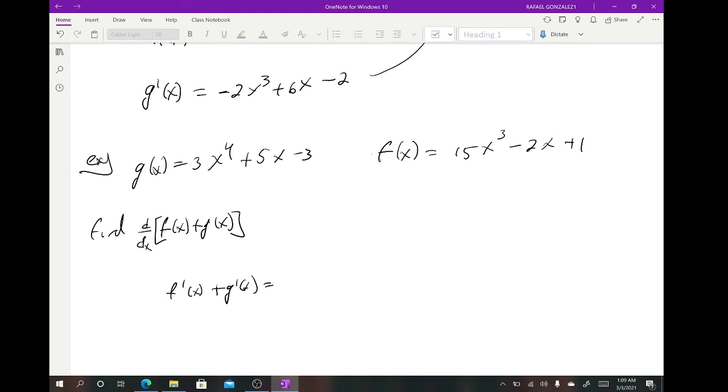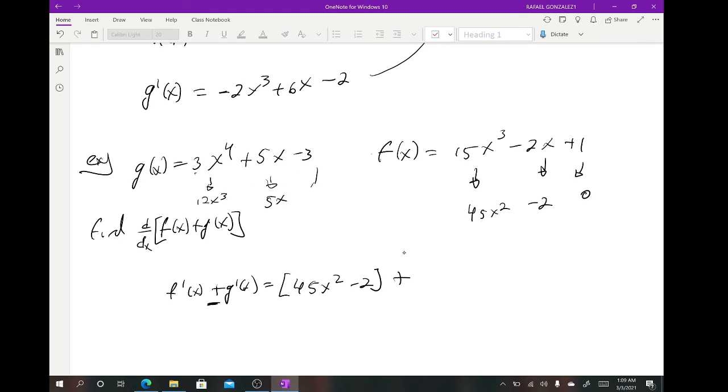Well, f prime of x we can compute. I'm going to simply put the derivatives of each one underneath. The derivative of a constant is 0. This is going to be minus 2. This is going to be 45x squared. So for f prime we have 45x squared minus 2. And then I said plus g prime, and I'm going to again put them underneath. This is going to be 12x cubed. You could check this using the rules that we have discussed so far.